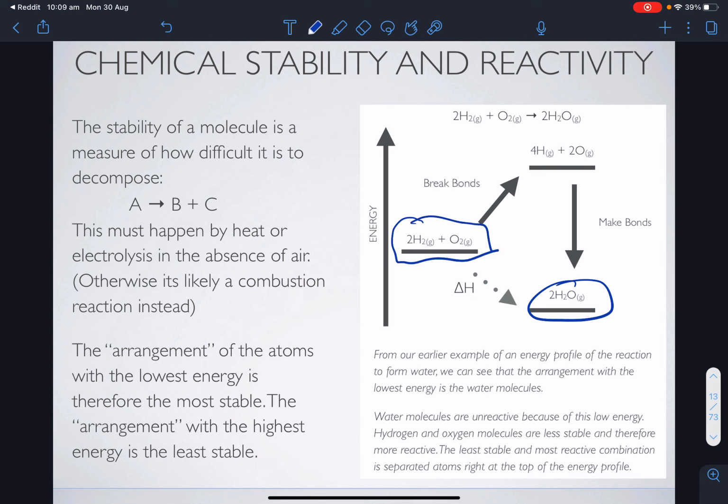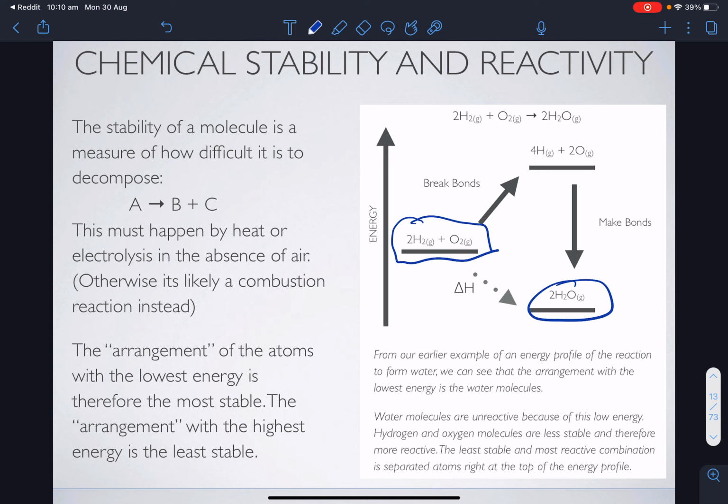So out of those two options, water is the more stable. It's also the more unreactive, okay? The more stable it is, the more unreactive. It's also the more energy in the bonds too. Okay, so hydrogen and oxygen gas separated is a higher energy, so they're less stable and more reactive in comparison to water, okay?